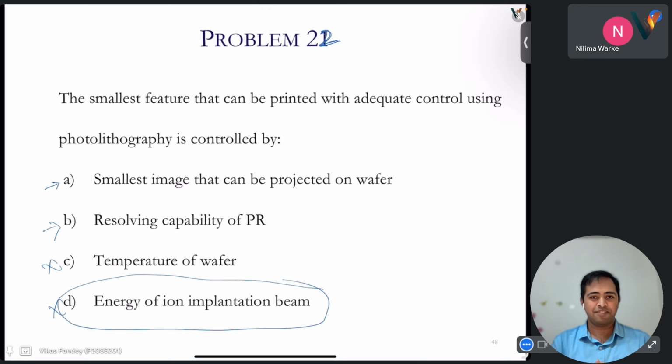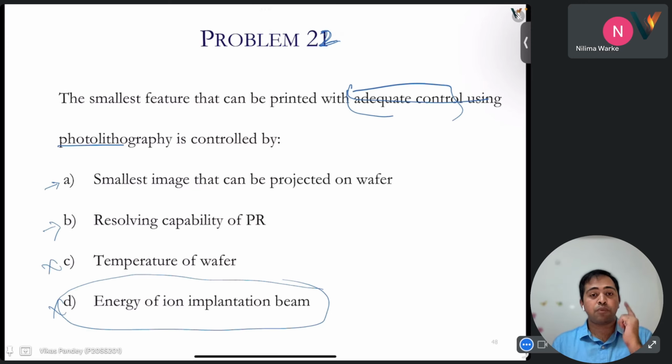The question is: the smallest feature that can be printed with adequate control using photolithography. Forget about adequate control; everything is ideal. If everything is ideal, what parameters determine the smallest feature size we can go for?